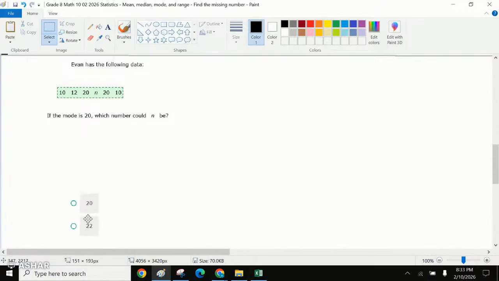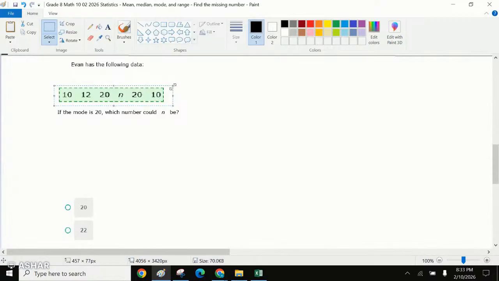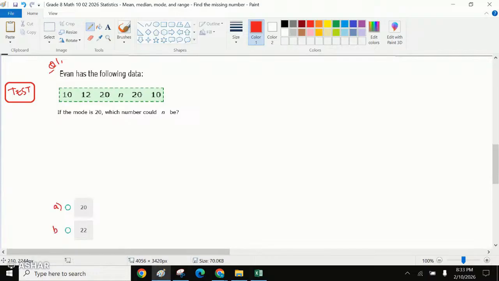These are the 2 options that we have. Mode is given to us. These are the possible values. And this is the information Evan has. So this would be our question number 1 from the test. And the options are A and B.